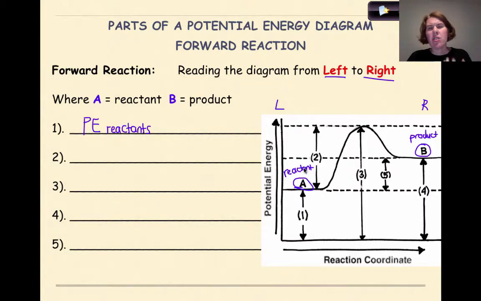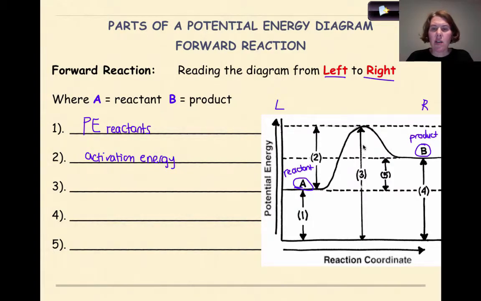Activation energy is just the amount of energy that you need to put into the reactant to basically break it apart or rearrange it so it can go on to be a product. So 2 here is going to be our activation energy.